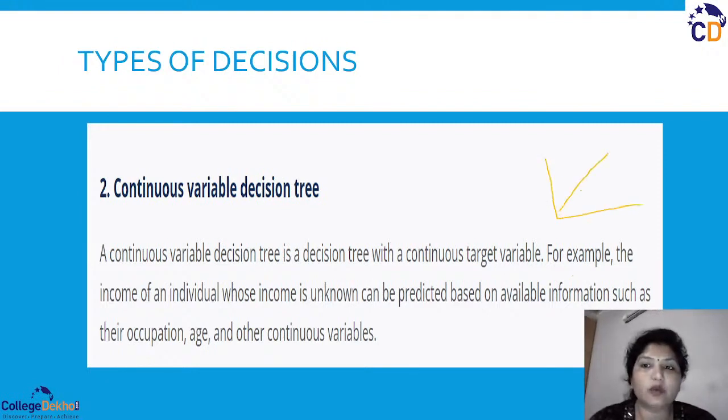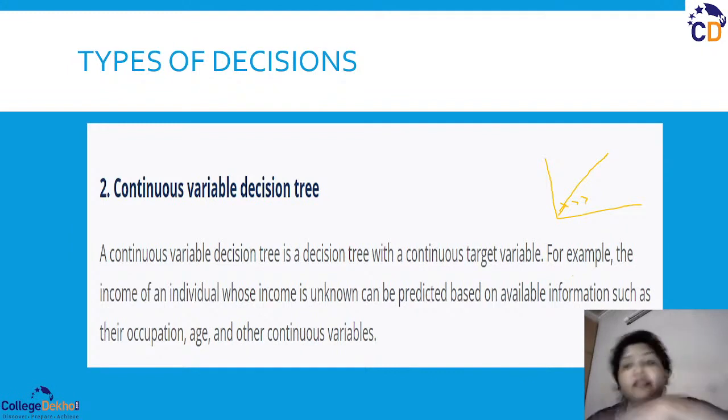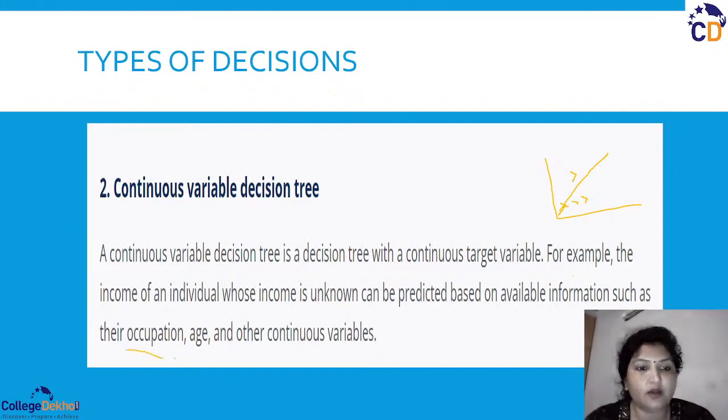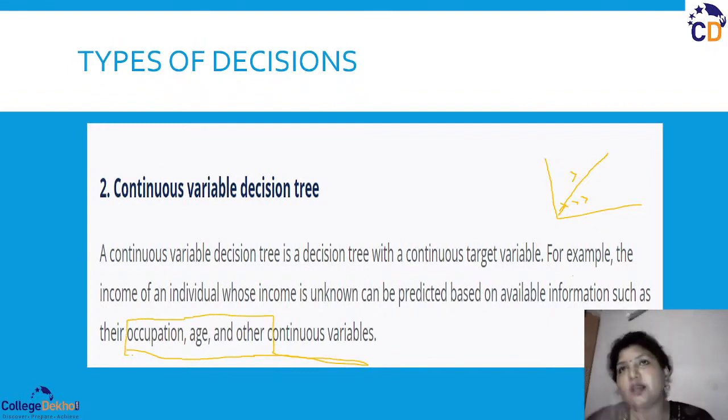I want to check out the values of x and y on different parameters, and then I'm going to train the model with some predefined data set, and then predict what would be the real value. These are the patterns: occupation, age, and any other attributes you may take.